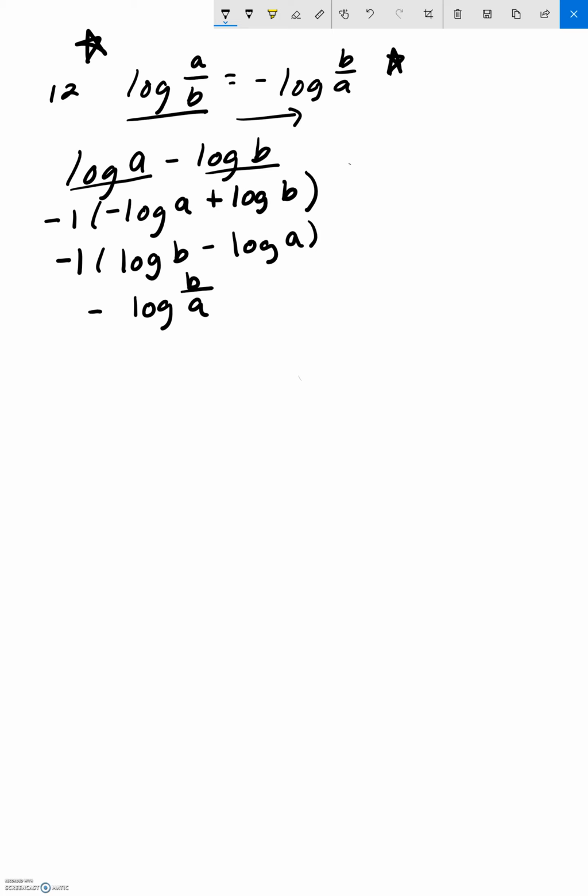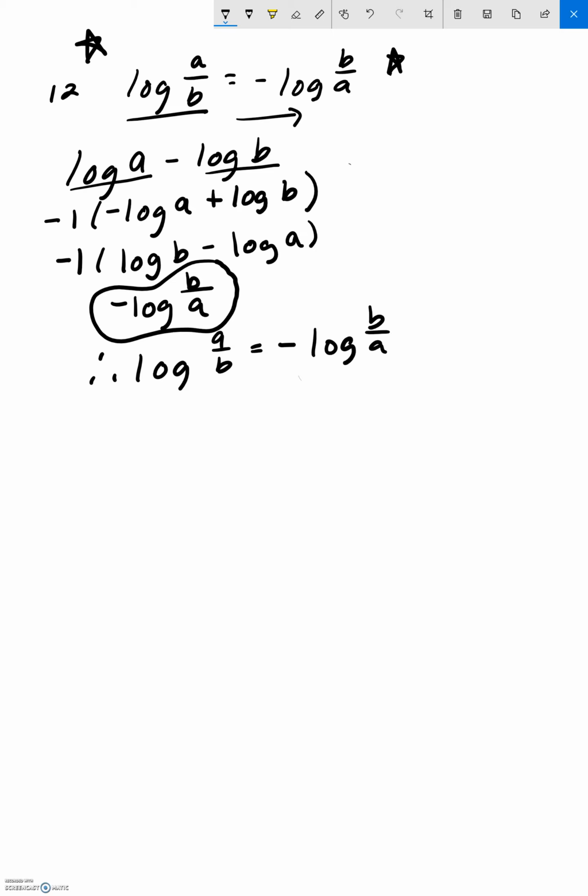And negative 1 is just the same as a negative. Okay. So without changing the value at all, without removing anything, with just manipulating some things, I have shown that the log of a over b is equal to negative log of b over a.